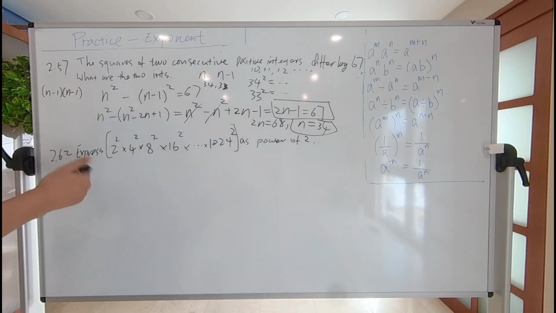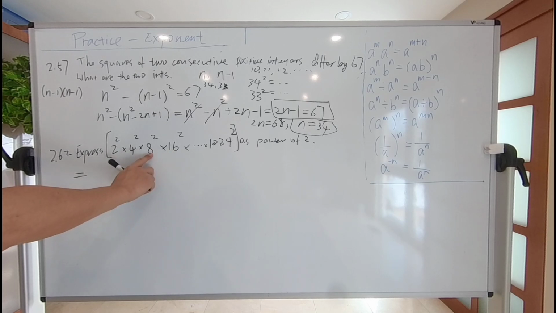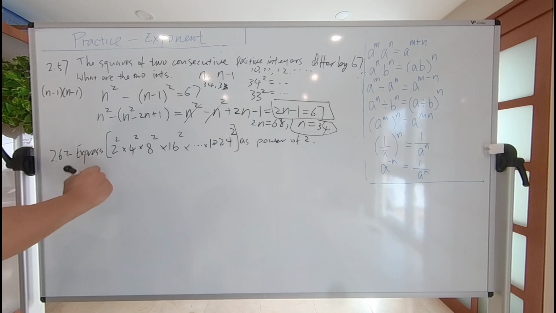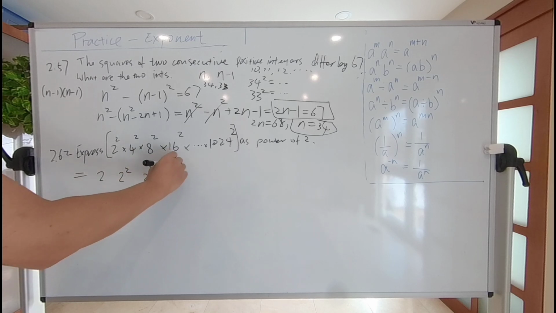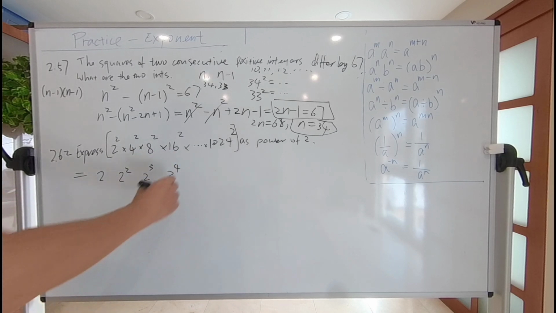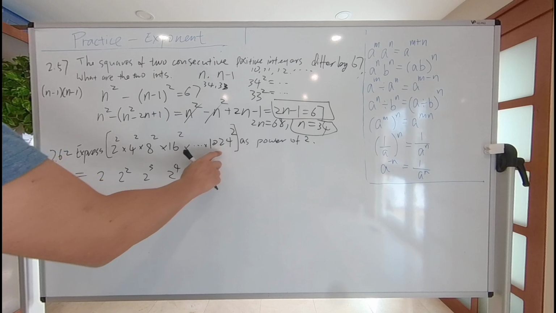So first of all, we can observe the pattern, where you probably already find that 4 is 2 times 2, 8 is 4 times 2, 16 is 8 times 2. So basically it's 2, 4 is 2 squared, this is 2 cubed, this is 2 to the 4th power, until the last term.